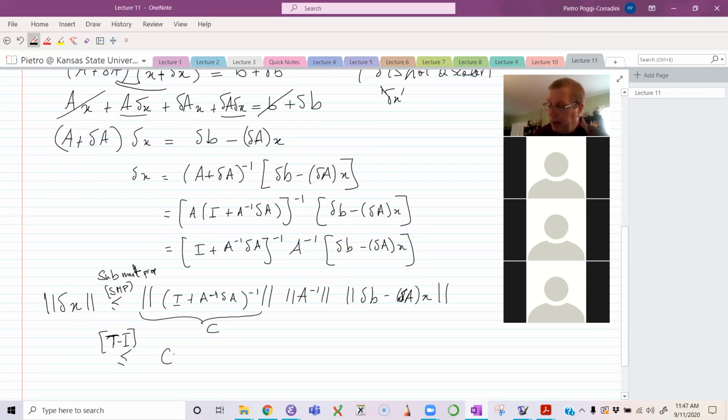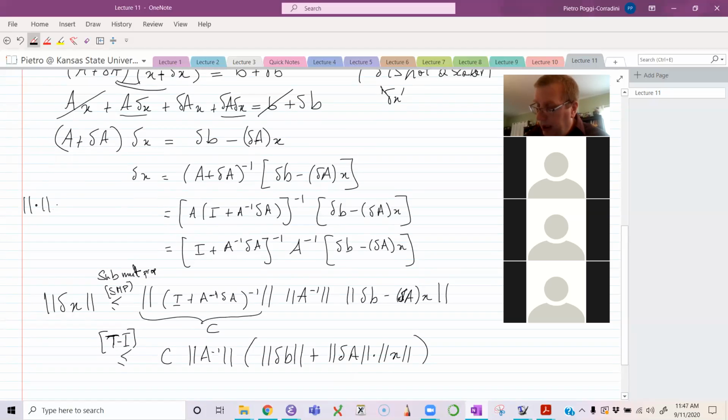So what do we get? We get the norm of A inverse. And then here, I can separate it out of the sum of the norms. And then I can even use the submultiplicative property again. Well, no, this is just one of the properties of the operator norms. So let's assume here that this is an operator norm.